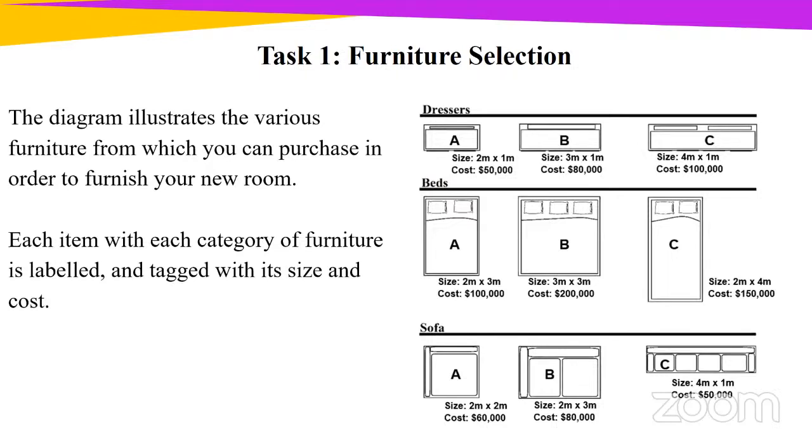Excuse me, Miss, can you repeat the question? We're looking at the size of each of the sets of furniture. We're looking at dresser B. What would be the size and cost of dresser B? The size of dresser B is 3 meters times 1 meter, and the cost is $80,000.